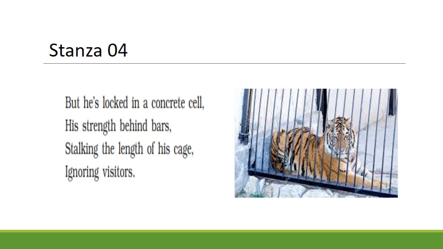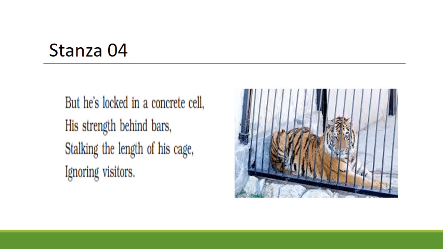But he is locked in a concrete cell, his strength behind bars, stalking the length of his cage, ignoring visitors. But here in this stanza, now he is locked in a concrete cell. Here he means the tiger. And what is a concrete cell?